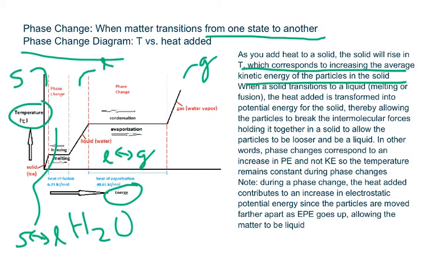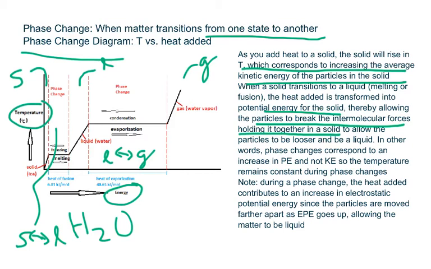So, what's up with that? Well, if the heat added to melt a solid does not change the temperature, then the heat must be going somewhere. And you're absolutely right. The heat goes somewhere, and it doesn't go toward the kinetic energy. It actually goes toward the potential energy for the solid. And adding potential energy to a solid or liquid allows the particles to break the intermolecular forces holding it together.